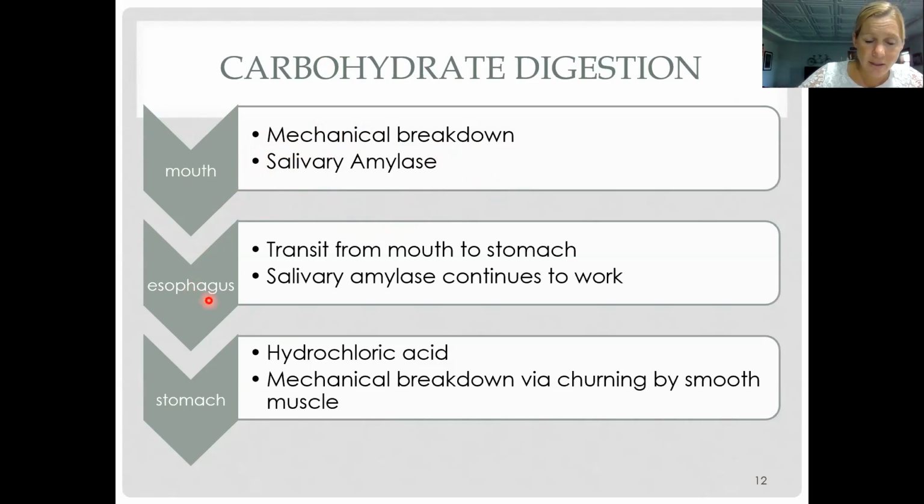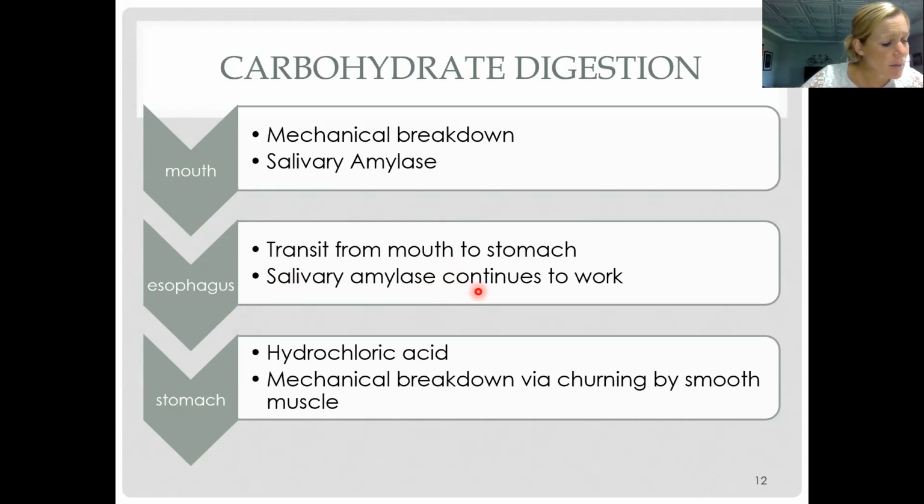Then those food molecules, again, will spend about 1 minute in the mouth, and are going to move through the esophagus, and this will simply serve as a transit from the mouth to the stomach. Again, only a couple seconds in the esophagus. Salivary amylase is continuing to work as we move that food from the mouth to the stomach.